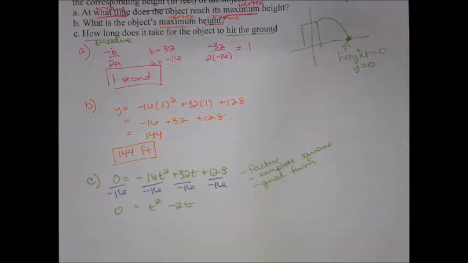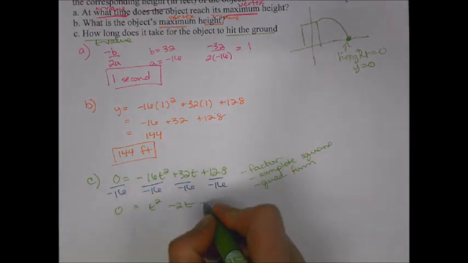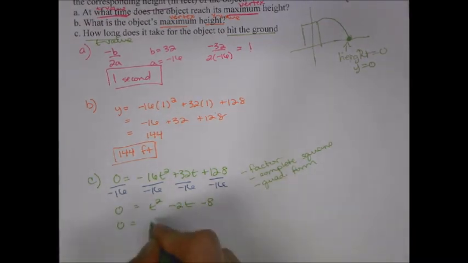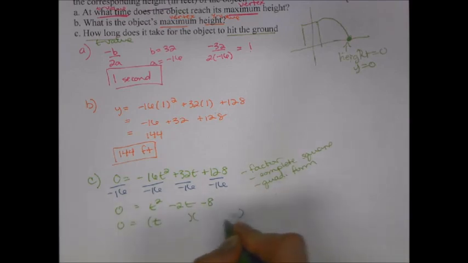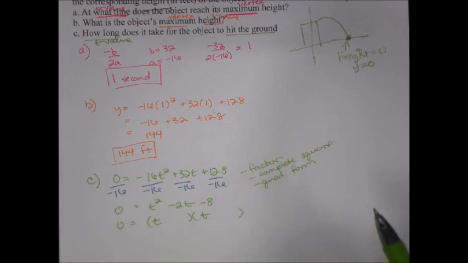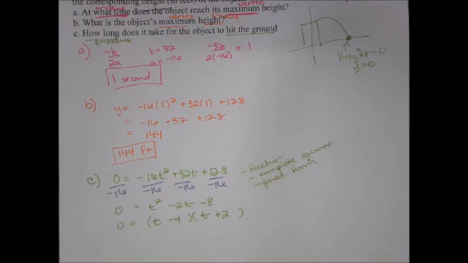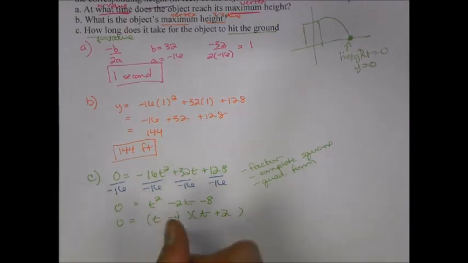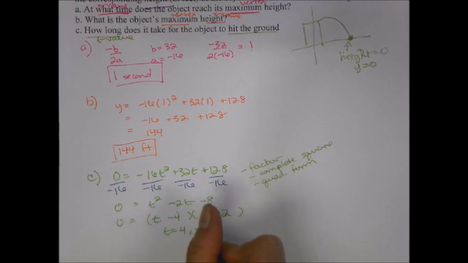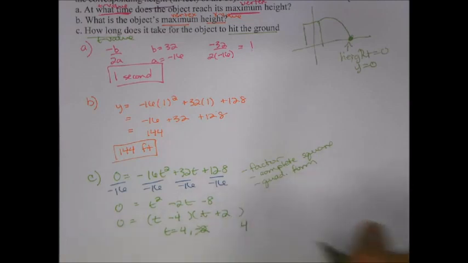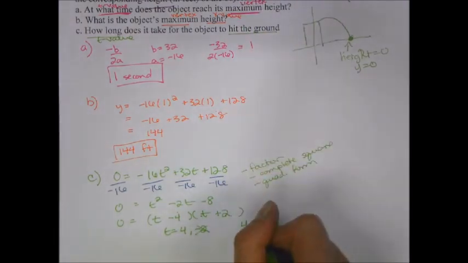Make sure to make that opposite also, minus 8. This does give me a factorable polynomial, but you can use either of the other two. I'm going to factor. Let's see, minus 4 plus 2. Let's check. That's minus 4t plus 2t. That gives me minus 2t. So this means my answers are t equals 4 and negative 2. Real world problems don't have negative solutions, so my answer is 4 seconds.